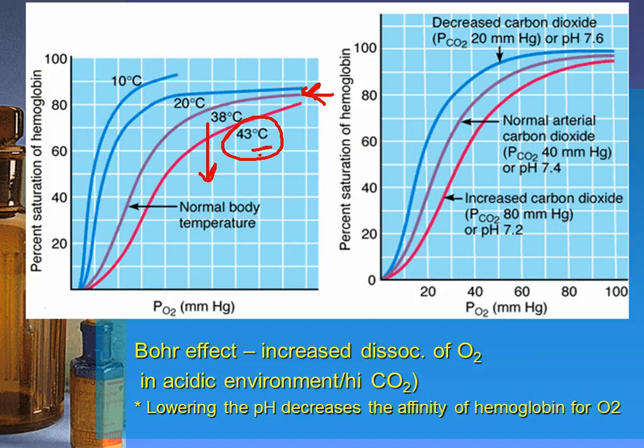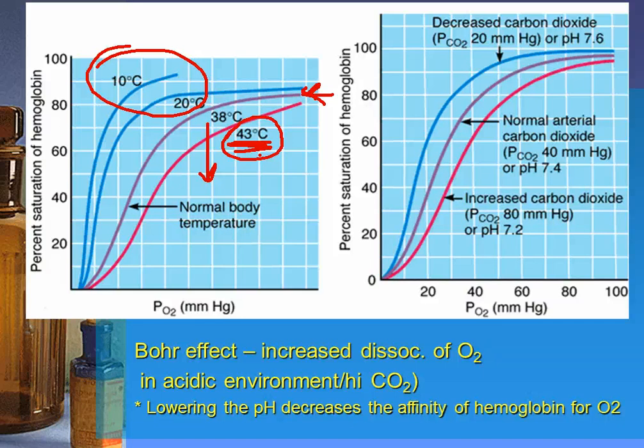Remember, when you're exercising, that's what's going to happen. So you can understand why your cells need more oxygen. You can understand why your oxyhemoglobin splits easier into free oxygen for it to get into the cells. When it's colder, the oxyhemoglobin is less likely to split apart, and it stays bound with the oxygen.